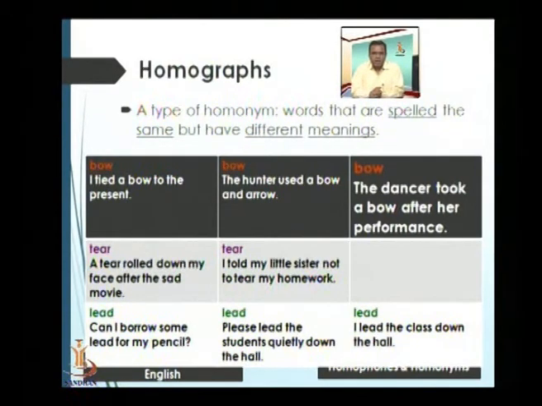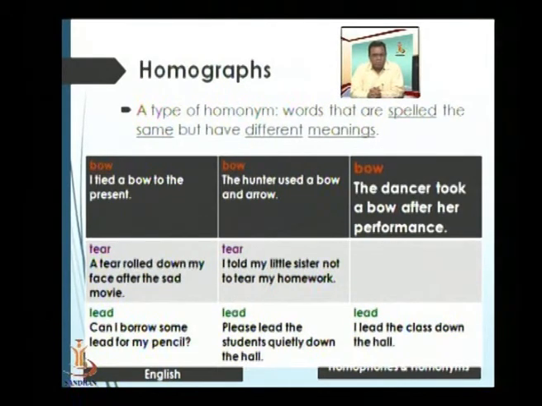Then tear, T-E-A-R. This word is also a homograph. It is written the same way. It's a homonym. It is also called homograph. A tear rolled down my face after the sad movie. When you have seen some movie, you start crying. So T-E-A-R is used in the sense of crying.